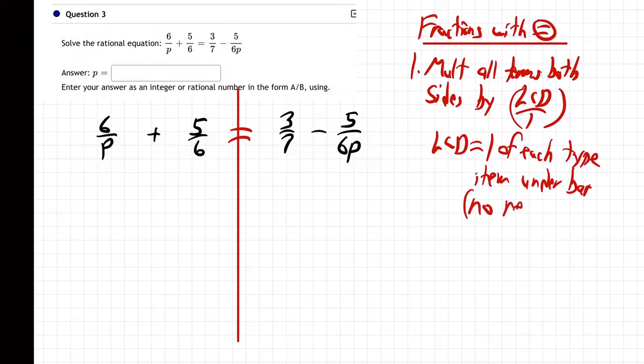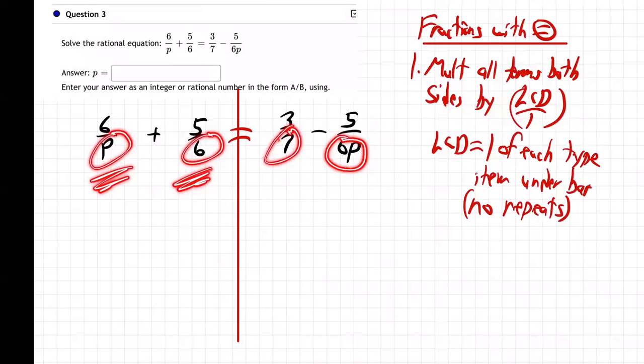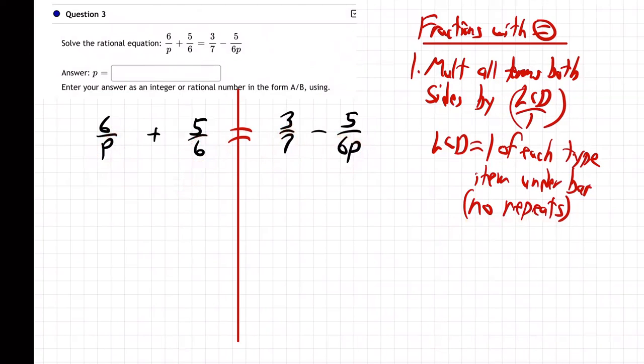We're only going to take one of every type of item. So I'm going to take a single P, a single 6, a single 7, and then I don't need the 6 and the P because I already have my 6 and my P. Does that make sense? No repeats, just one of every type.